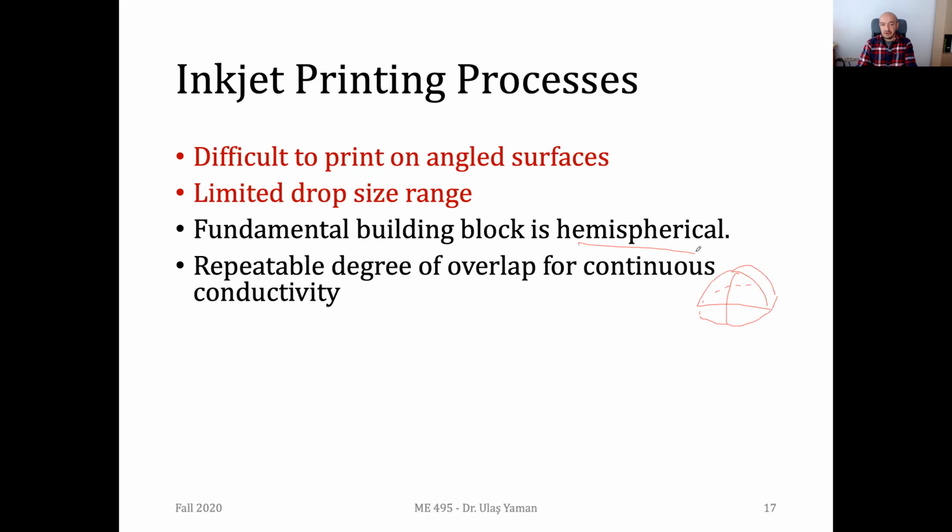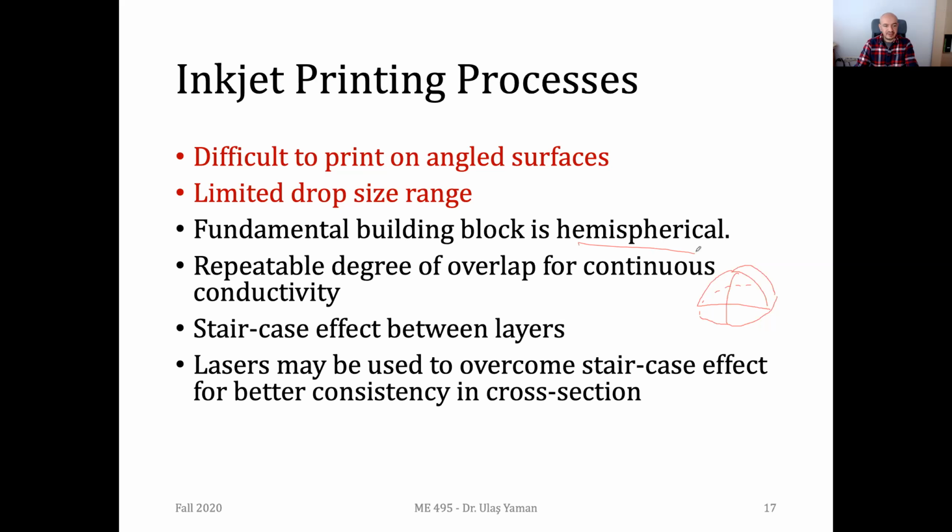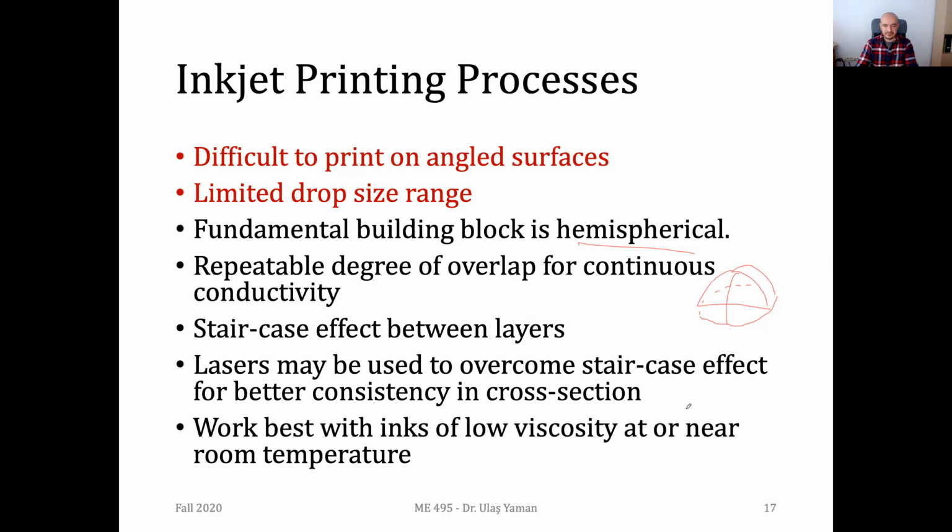And if you want to have a continuous path, obviously, you need to have a slight overlap between these fundamental blocks. And as in the case of other additive manufacturing processes, we will always have a staircase effect between the layers. But if you're not happy with that, you may use some low power lasers and try to fuse these layers so that you will remove the staircase effect.